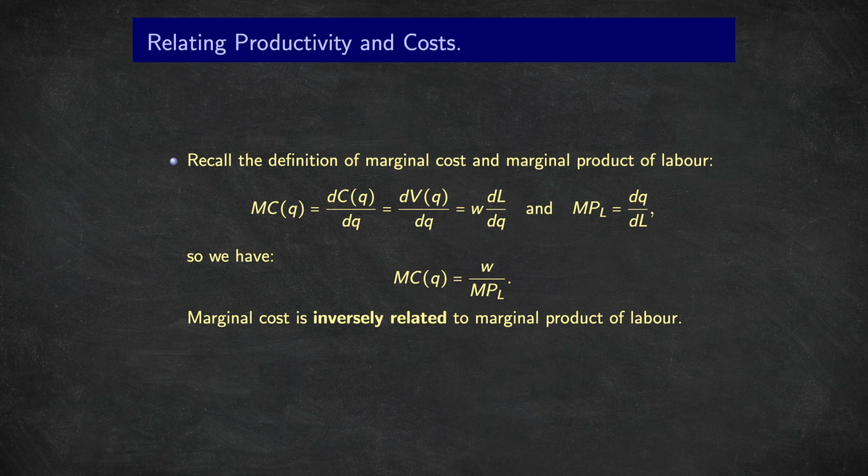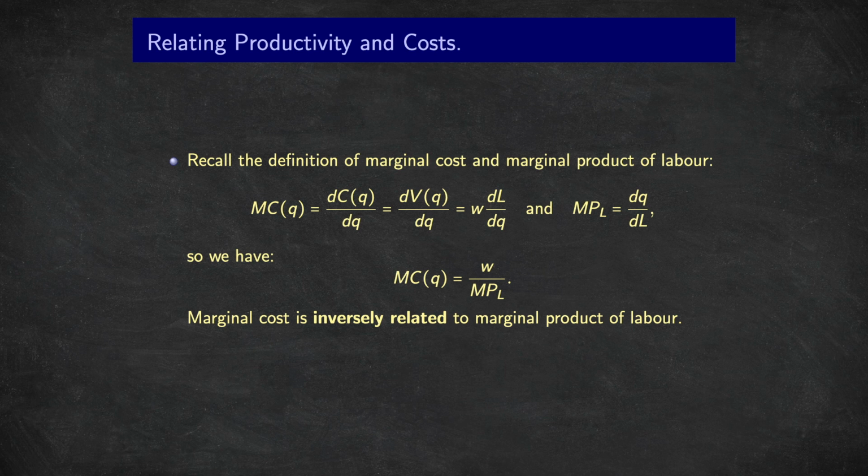So in the marginal cost expression, we have the marginal product of labour inverted. So we have marginal cost of output is equal to W, the wage rate, divided by the marginal product of labour. Marginal cost is therefore inversely related to marginal product of labour.